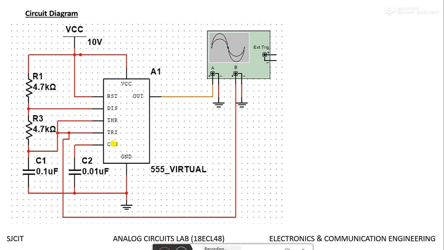So, to avoid high frequency noises, it is connected to ground using a 0.01 microfarad capacitor. The trigger and threshold pins, input pins, are connected to the capacitor, which determines the output time.